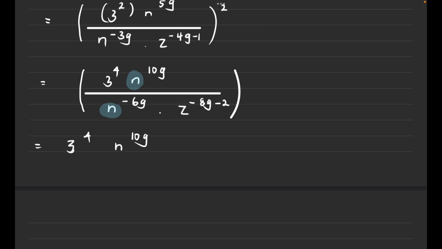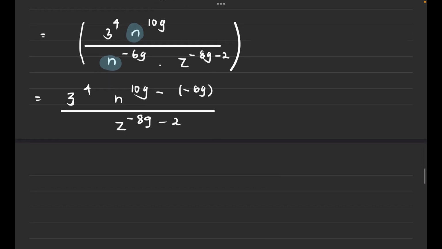That is the exponent of the numerator minus the exponent of the n in the denominator, which is minus 6g. Minus 6g, right? And then, okay, maybe let me still divide with my z to the power minus 8g minus 2.